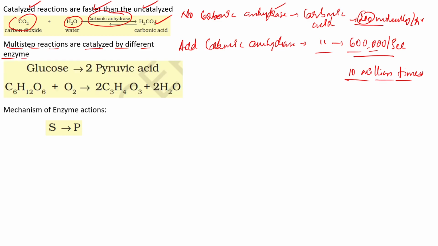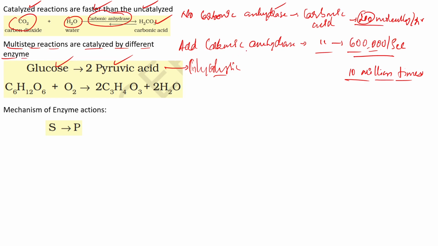We have an example for this, that is glucose, which is converted into pyruvic acid. If I ask you the question, what is the number of steps involved in breaking down glucose into pyruvic acid? This reaction is called glycolysis, if I am not wrong, right? We have discussed the terms glycogenolysis, glycogenesis, gluconeogenesis, and also glycolysis.